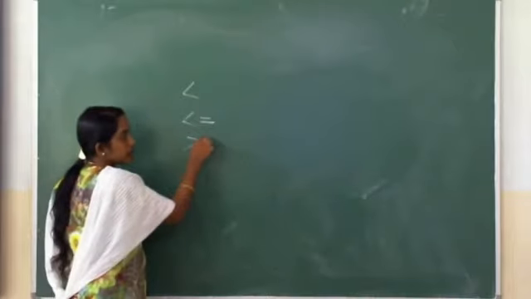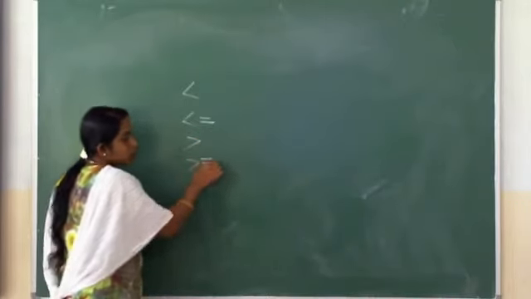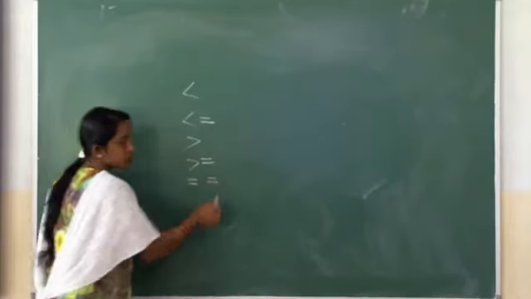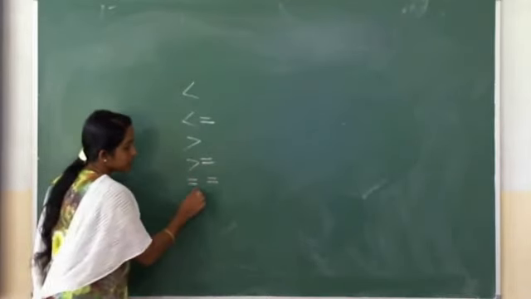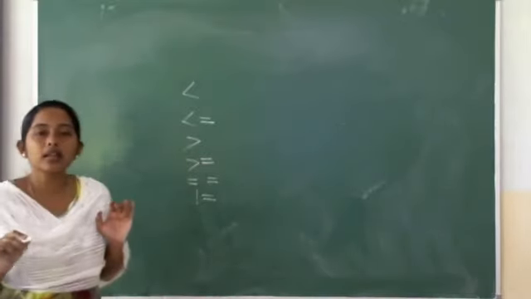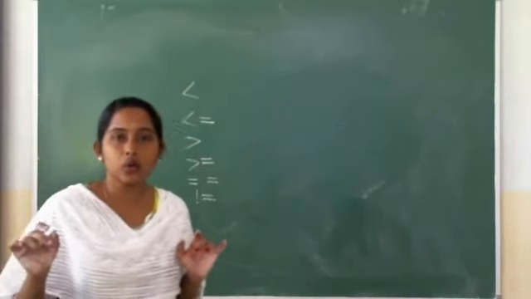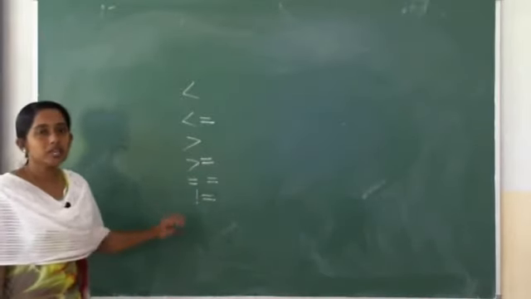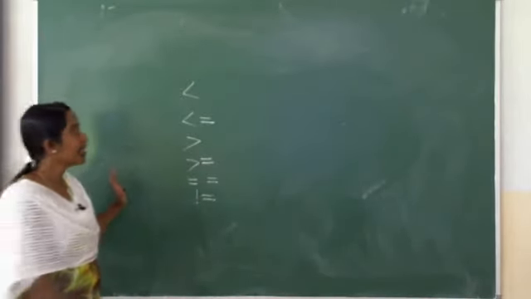Greater than or equal to operator, then equal to, then the last one is not equal to, with an exclamatory symbol, then equal to, which means not equal to. Okay, through an example I will show you, it will be clear for you.